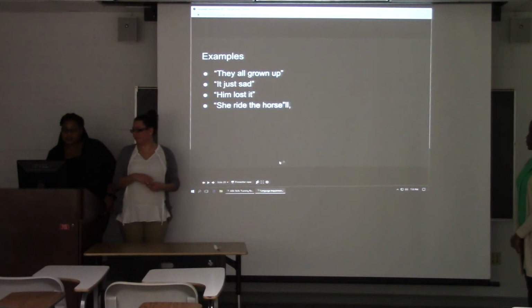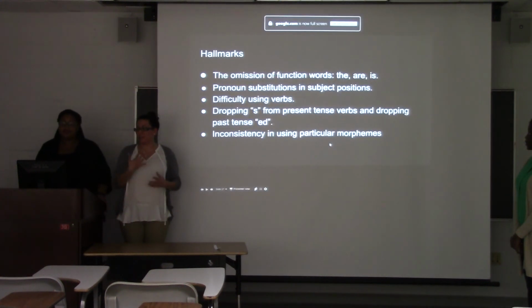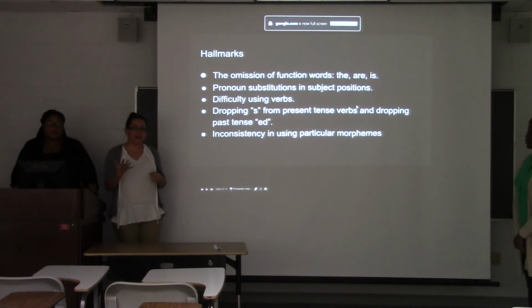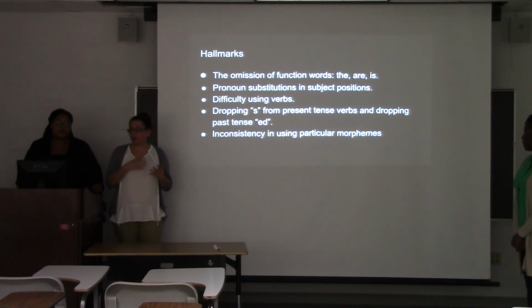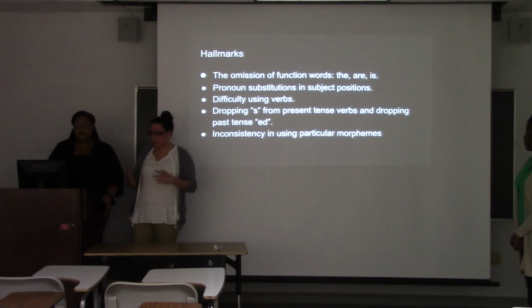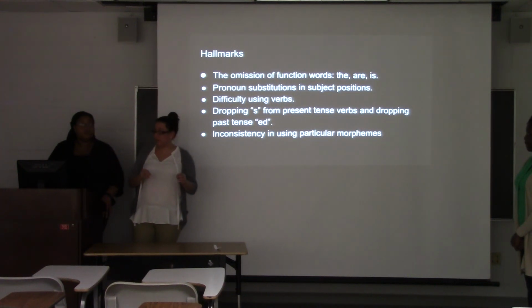So, certain hallmarks that are seen frequently in children that have language impairments are the omission of function words, so the, are, and is. They'll do pronoun substitutions in subject positions. They'll have difficulty using verbs. They frequently drop the S from present tense verbs, and they'll drop the past tense ED.